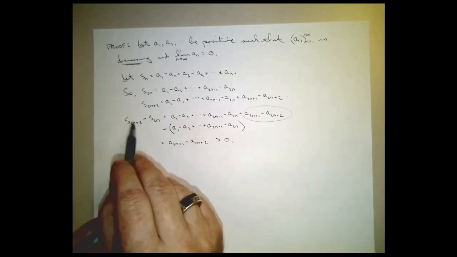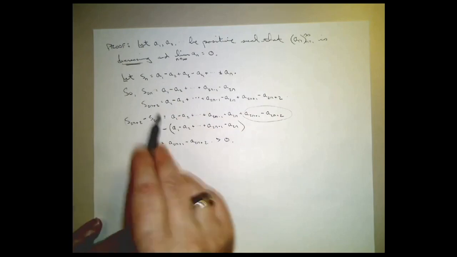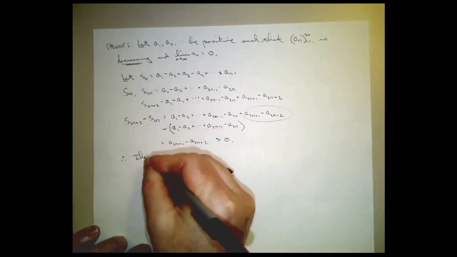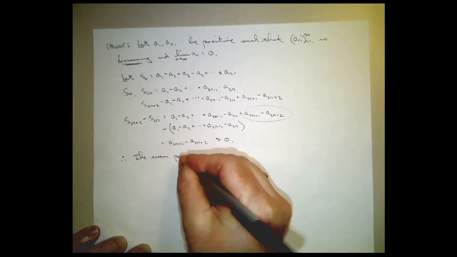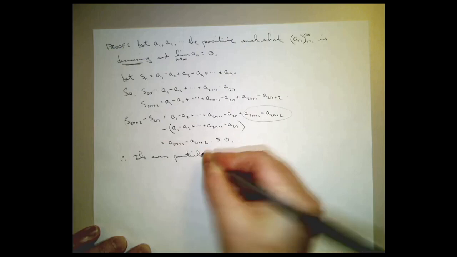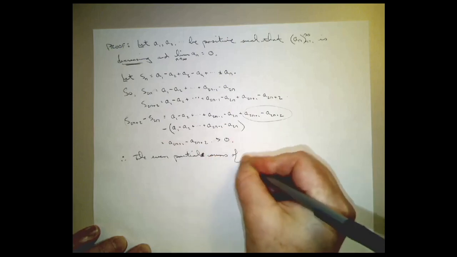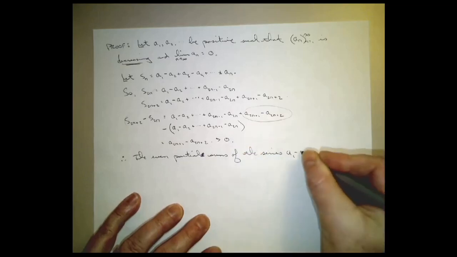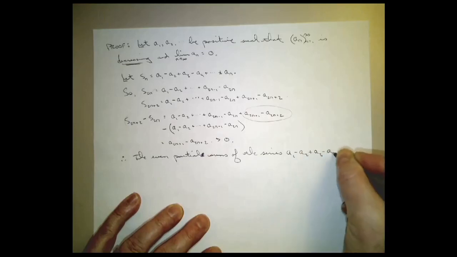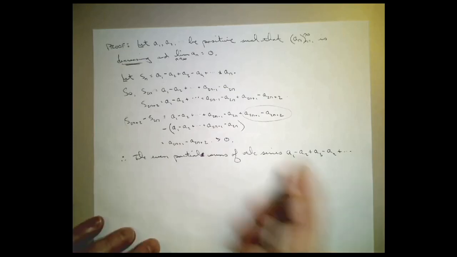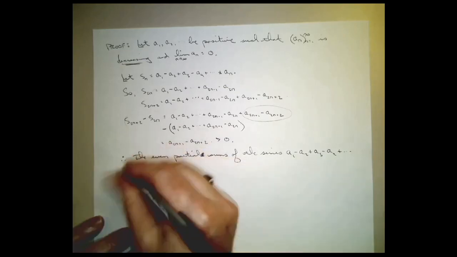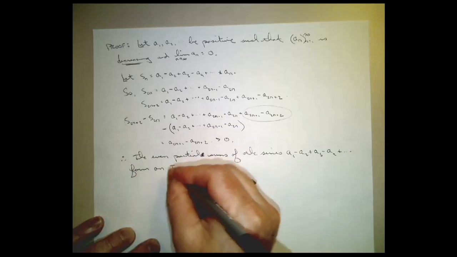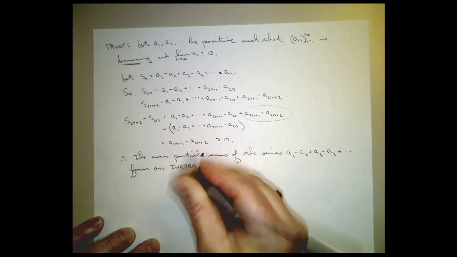So this partial sum is always going to be a larger number than that partial sum, which says that the even partial sums of the series a1 minus a2 plus a3 minus a4 and so on form an increasing sequence.